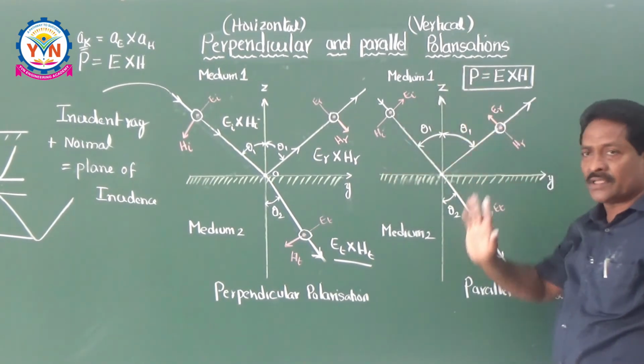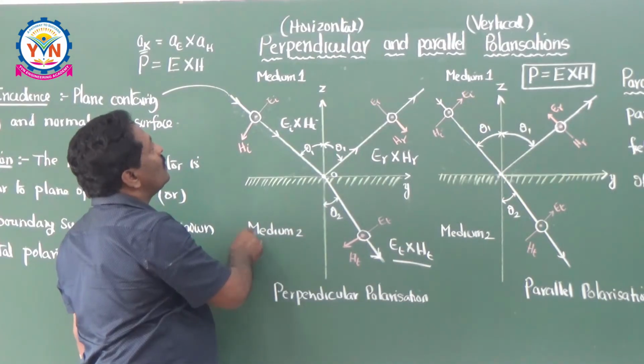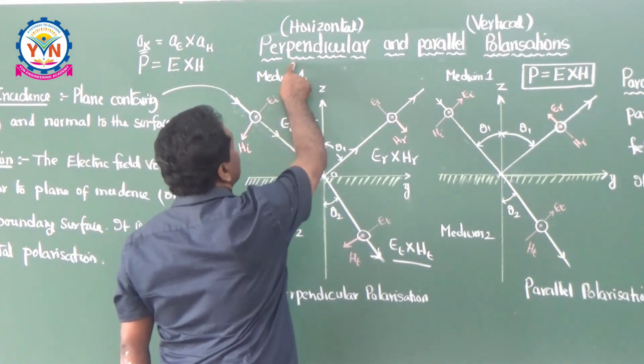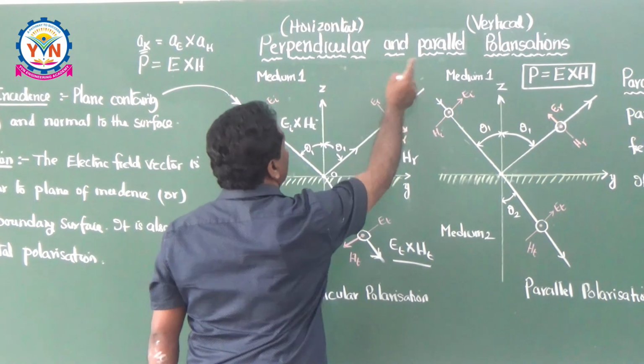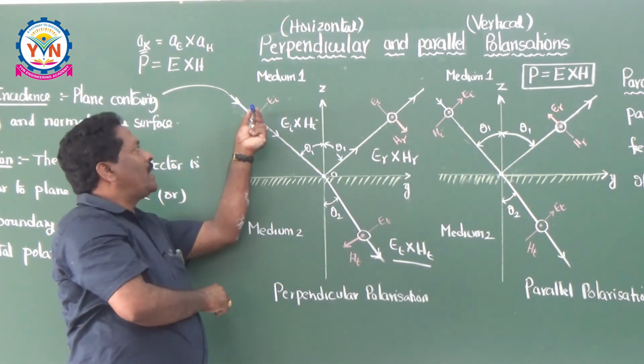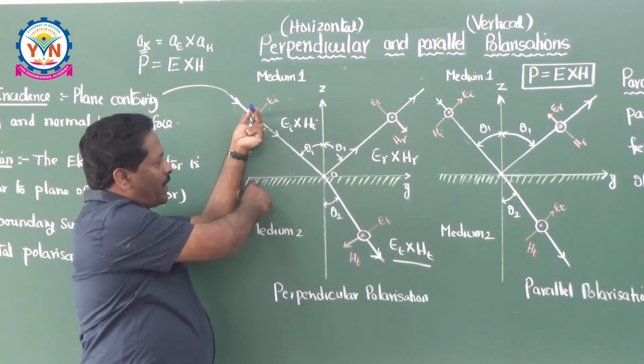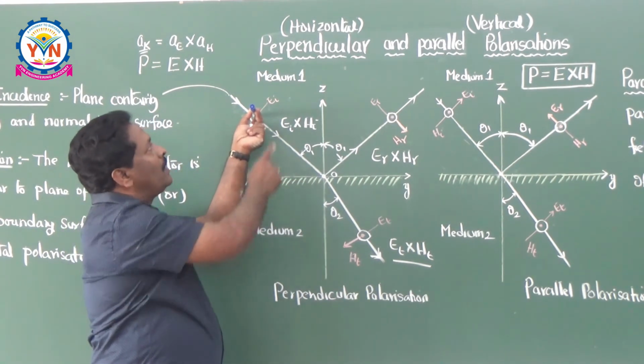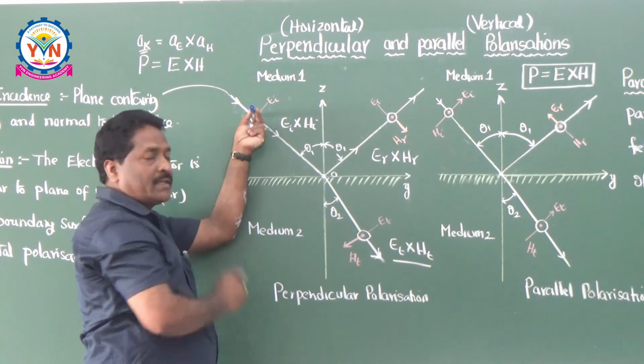So now let us summarize the definitions of perpendicular and parallel polarizations. What I told you: if the electric field is perpendicular to the plane of incidence or parallel to the boundary surface, it is called perpendicular or horizontal polarization.